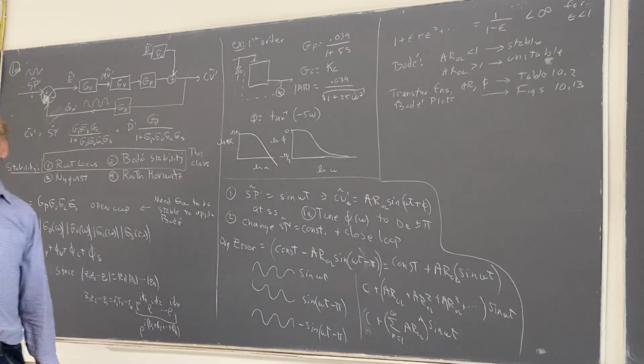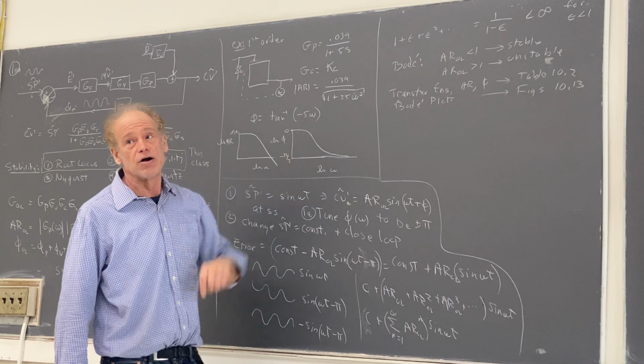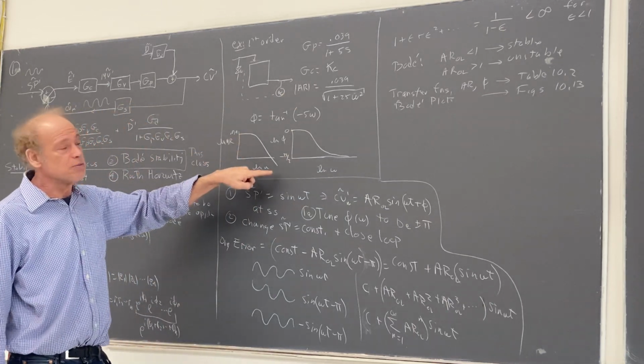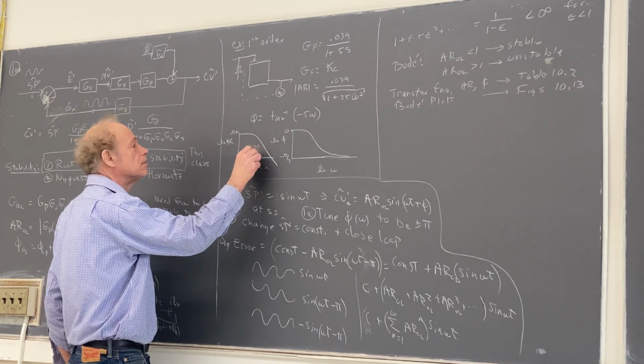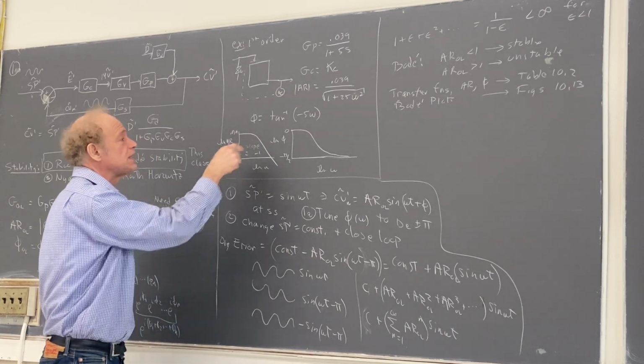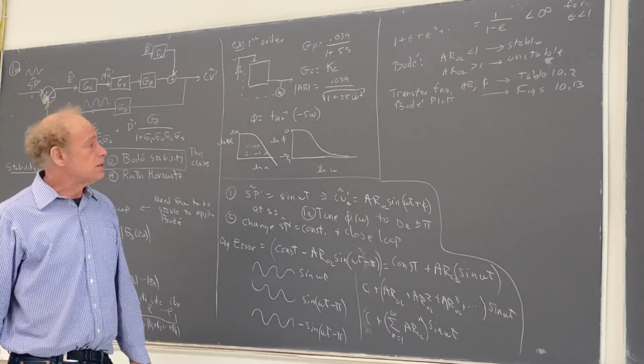When I take the log of that, I get log of 0.039 over 5 minus log omega. So this just becomes a straight line of slope minus 1 down here. So this is what the amplitude ratio looks like.